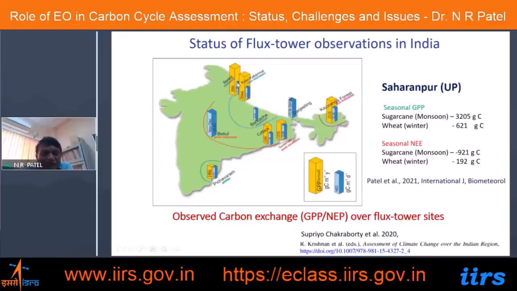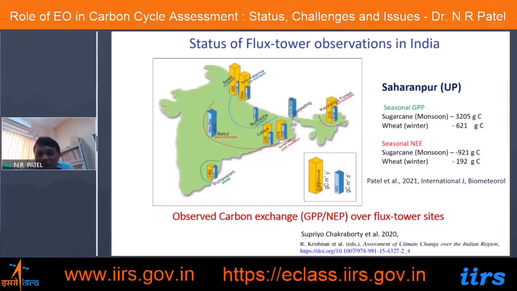Similarly, there are forested sites, Barkot, Kaziranga, and also Darjeeling by IITM, as well as the NRSC and ISRO sites. All across India, a very high amount of carbon is being sequestered by the different vegetation systems, and this network has been growing day by day.